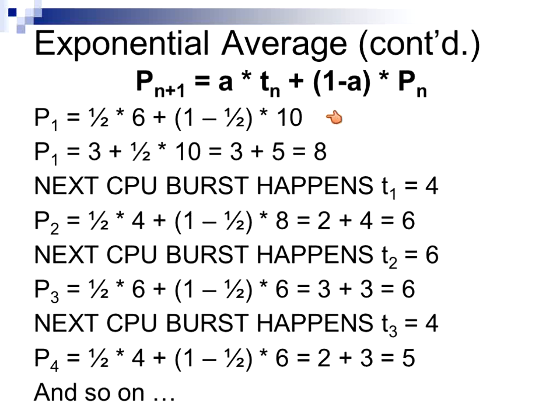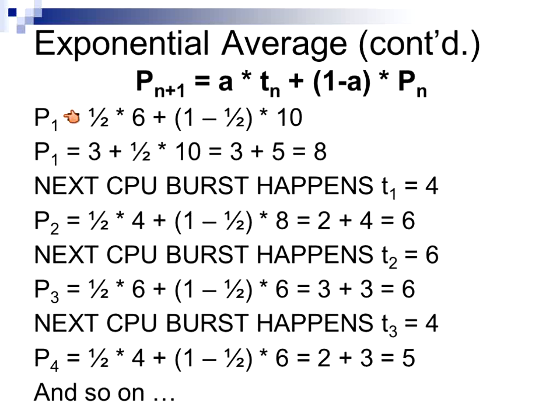So again, this was the formula, and now I'm making my prediction for P1. I know the first process that came into the system was at time 0, and that was 6 seconds.